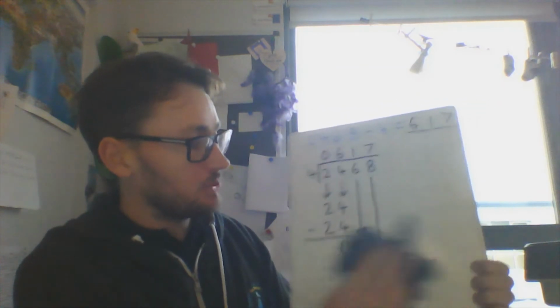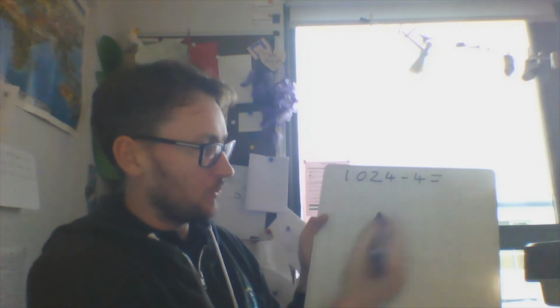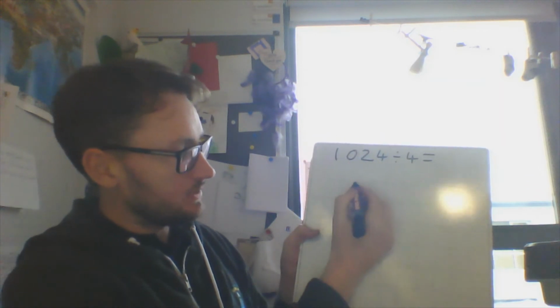I'm going to try now and do one this way round on the visualizer so I can talk as I go. So let's look at 1,024, and let's stick with our 4s for now, divided by 4. I'm going to set it out like this.